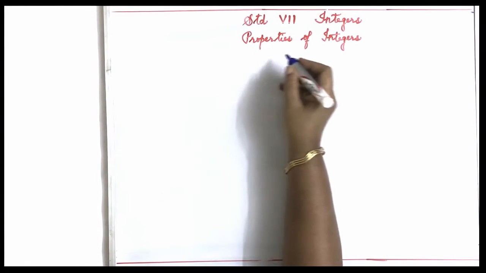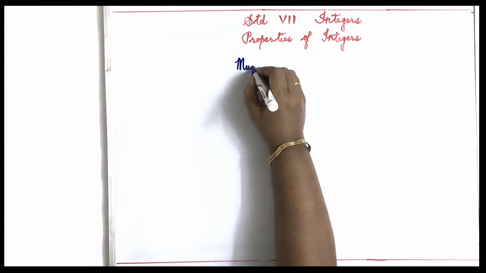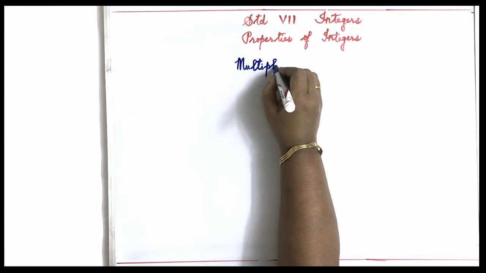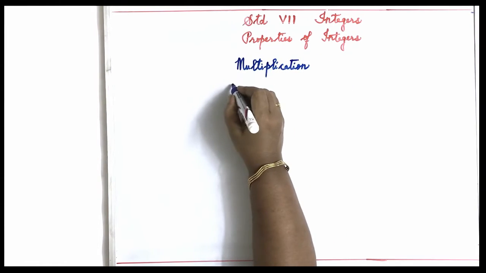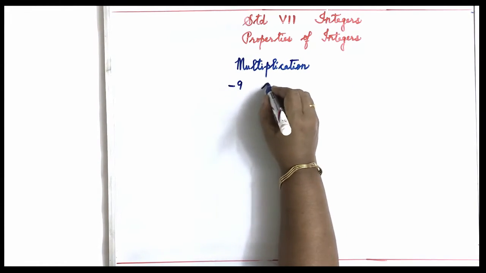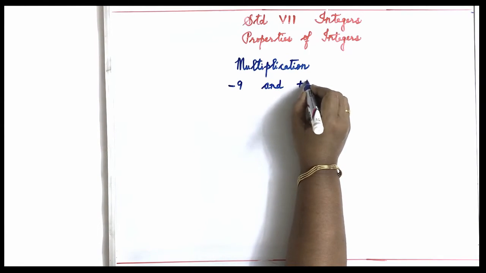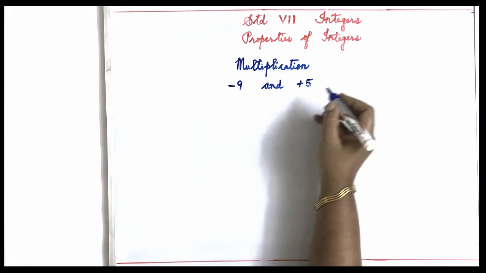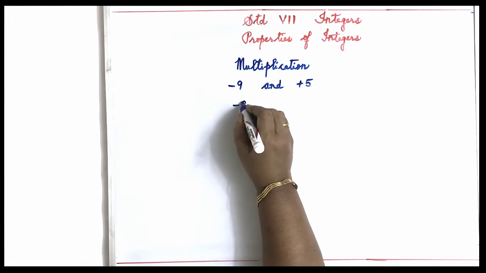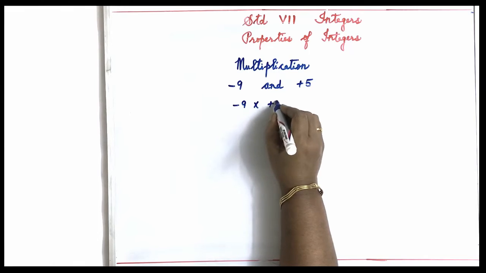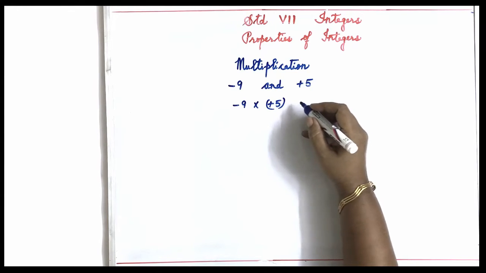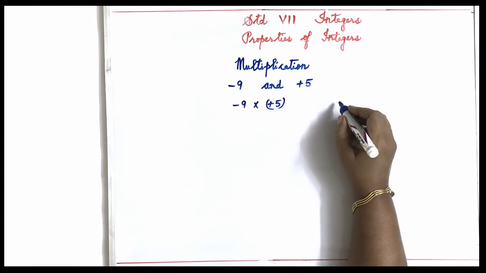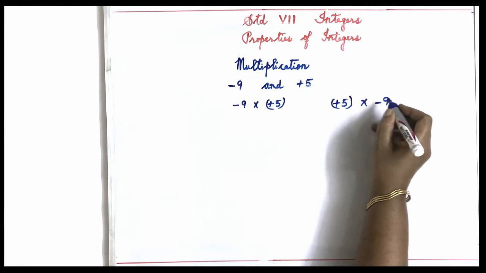Let us see commutative property in multiplication. Let us take two integers, minus 9 and plus 5. Commutative property is changing the order. So minus 9 into plus 5. And here first should be written as second integer. Second integer should be written as first integer. So plus 5 into minus 9.